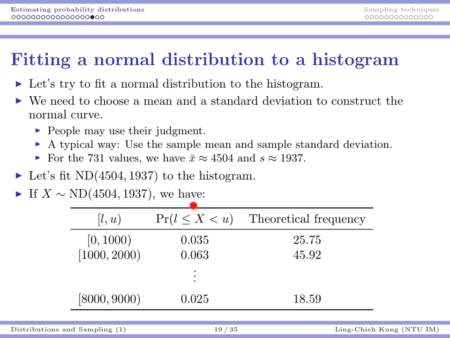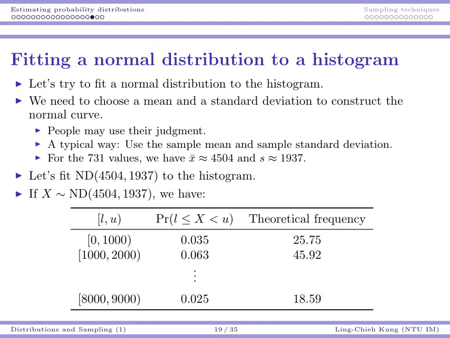X is a normal random variable. You have its mean, you have its standard deviation, you have a lower bound and upper bound, then you are calculating the area below the PDF, or you calculate the CDF of this and that, and find the difference.